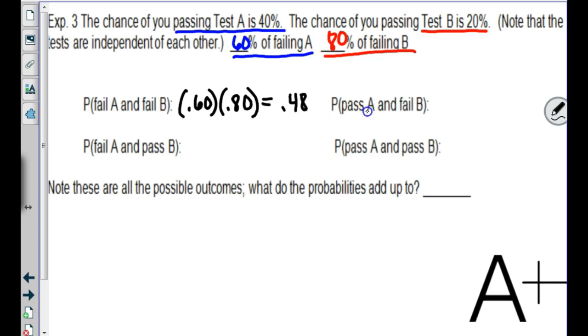Okay, pass A is 40, fail B is 80, so what is that? I'm getting 32. Anybody else getting 32? Okay, fail A, pass B. Tell me what to multiply.